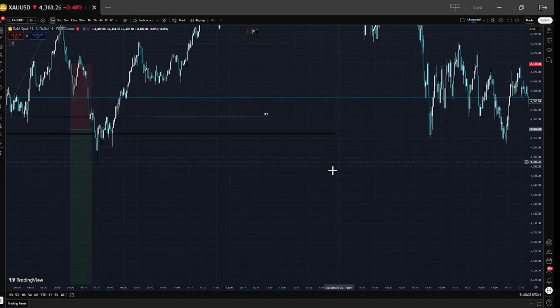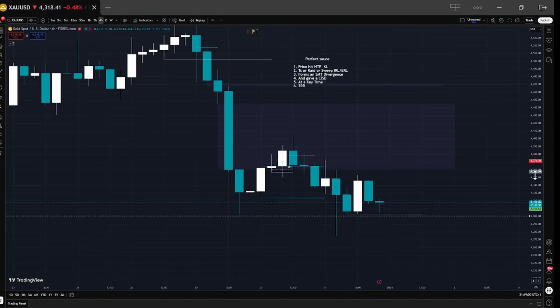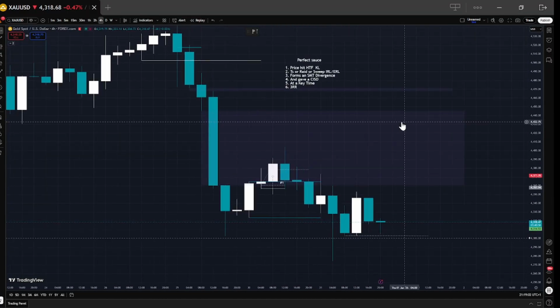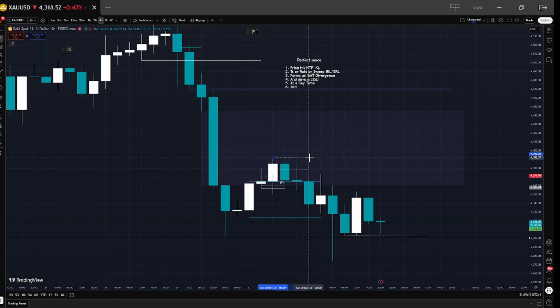All right, so that's that for now. I took that loss, and then the following 4 hour candle, the 8 o'clock candle, the open of the Frankfurt session. What do we have? We got this, we got that, and this one here. I believe you can see the execution on the right corner of my screen.